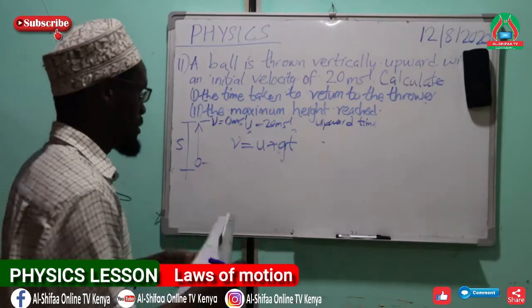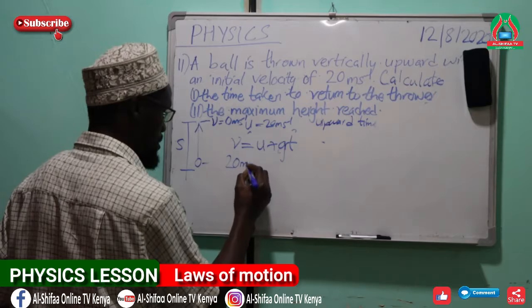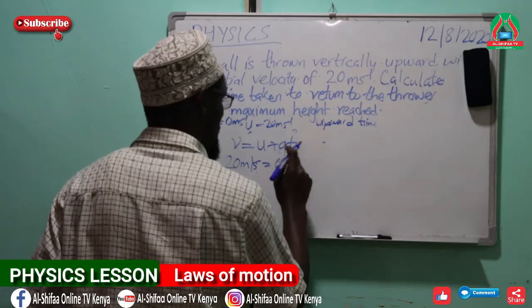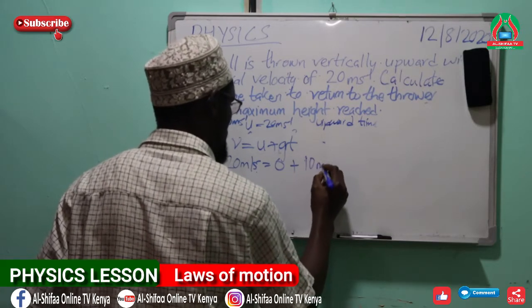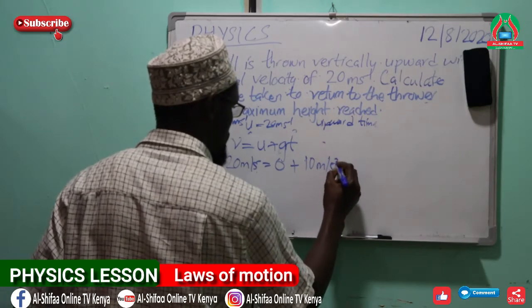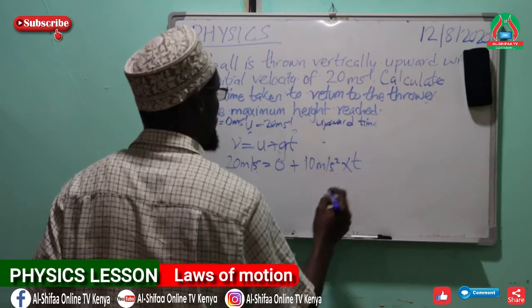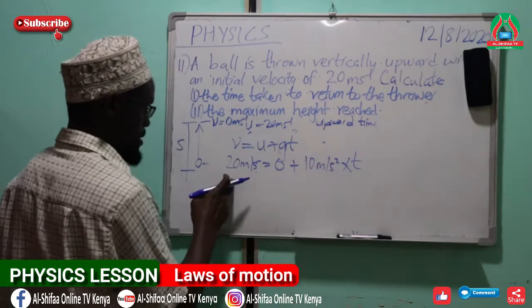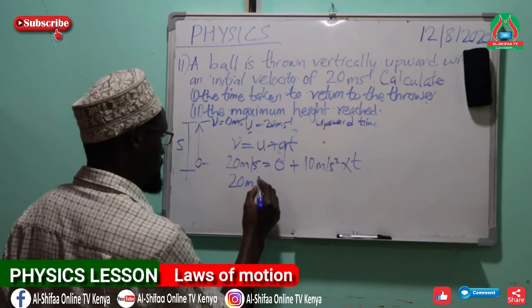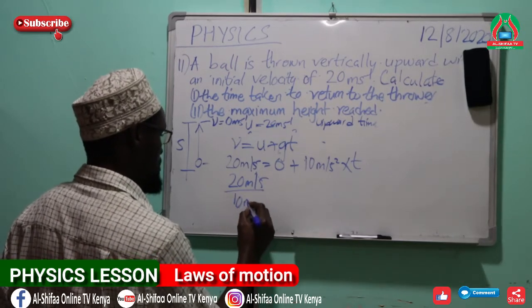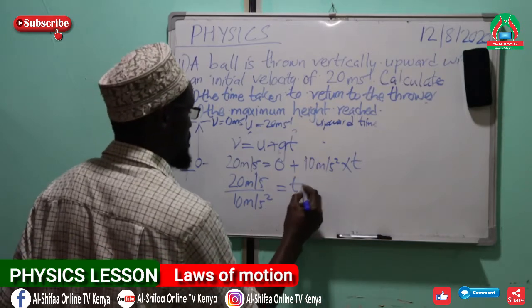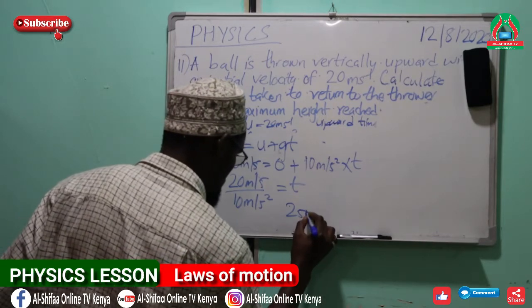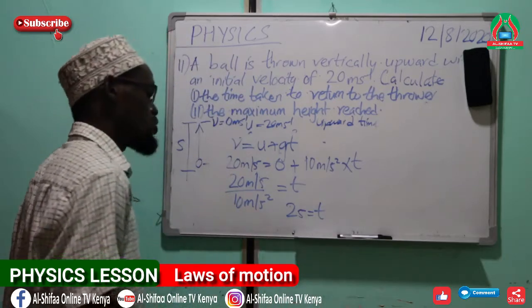Now our final velocity, we have it as 20 meters per second, is equal to 0 plus gravitational constant, which is 10 meters per second squared, times T. So we'll divide the other side, 20 meters per second divided by 10 meters per second squared, to get T. You'll see that also for the downward movement, the time is also 2 seconds.